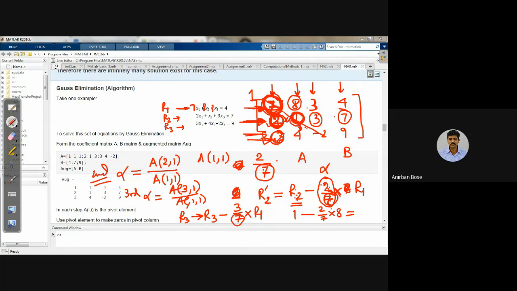When you consider this as the diagonal element, as the pivot element, then we will operate on the last row.